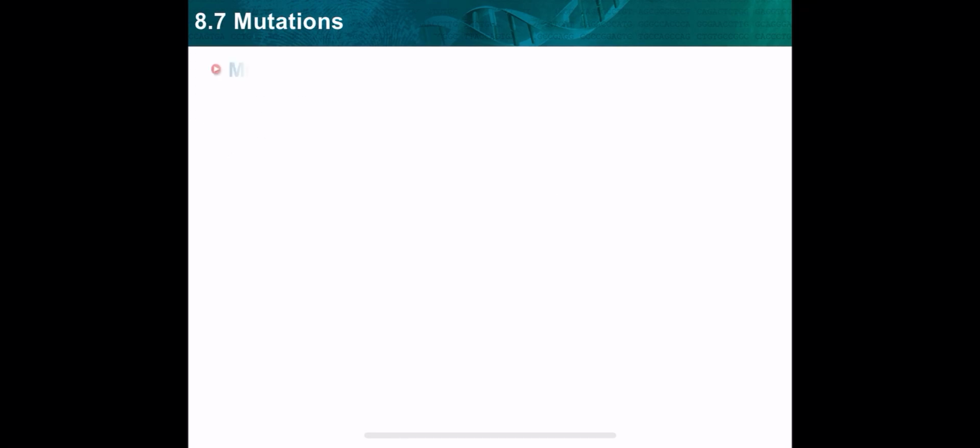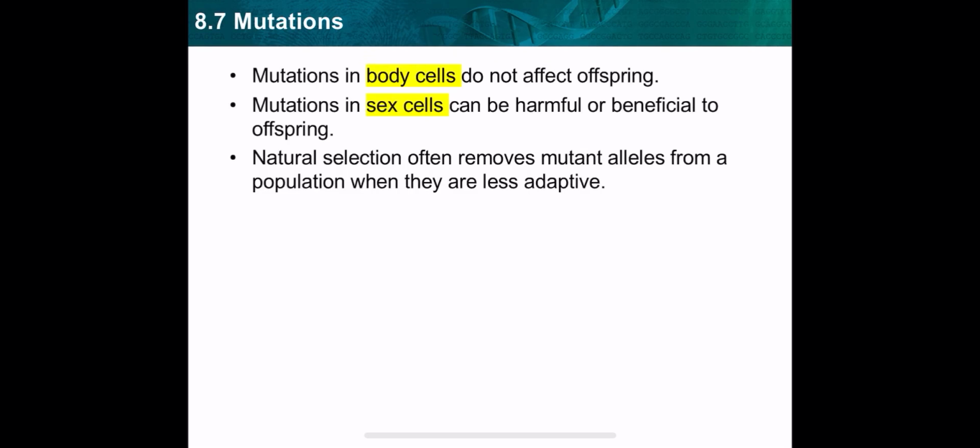If the mutation occurred in body cells, of course, body cells don't pass to offspring. So a mutation in body cells doesn't affect the offspring. If mutations occurred in the sex cells, the mutations in this case will affect the offspring and will be inherited by the offspring.